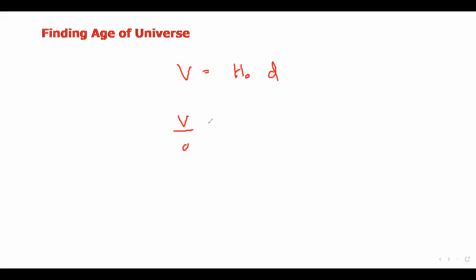So we have the formula V. If we want to find the age of the universe, we have the speed at which the galaxies are moving, which is equal to H naught D. Now, if I simplify this equation, V divided by D is equal to H naught.